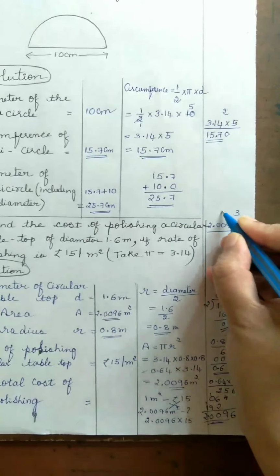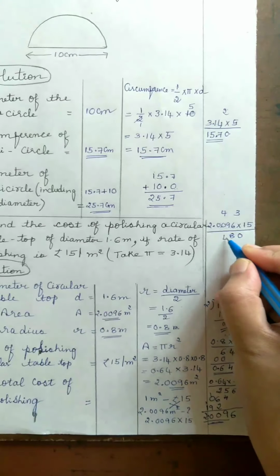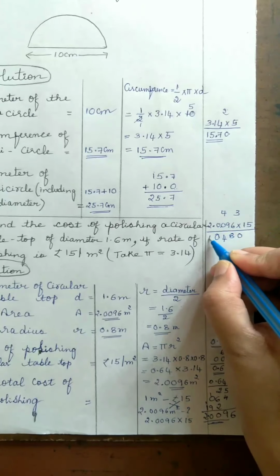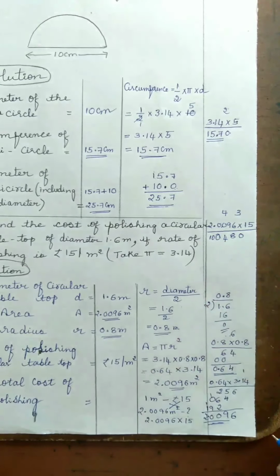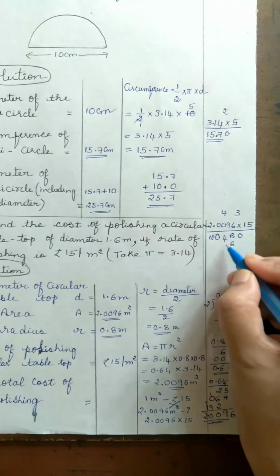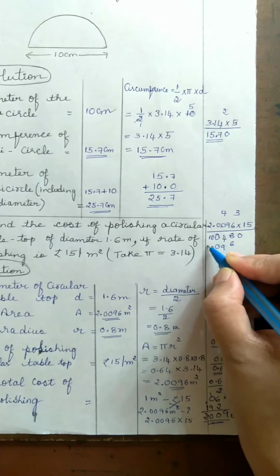So 4 is remaining, 5 zeros are 0, 0 plus 4, it is 4, 5 2s are 10. In the next step, 1 6 is 6, 1 9 is 9, 1 zero is 0, 1 zero is 0, 1 2 is 2.